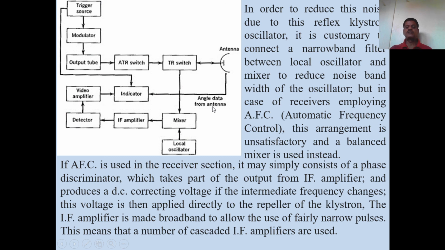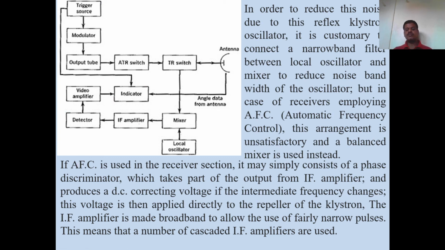But in case of a receiver employing automatic frequency control, this arrangement is not satisfactory, and a balanced mixer is used instead. The automatic frequency control is used in the receiver section.